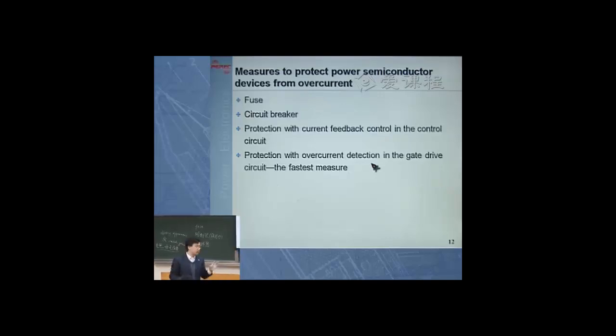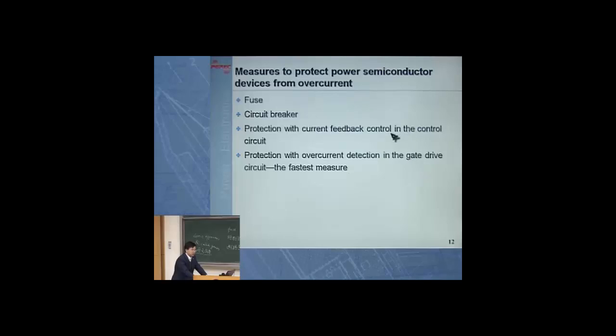Okay, so these are the different measures we can take to protect power semiconductor devices. Of course, the measure you take in the gate drive is the fastest you can take. Once you detect this overcurrent, you shut it off.